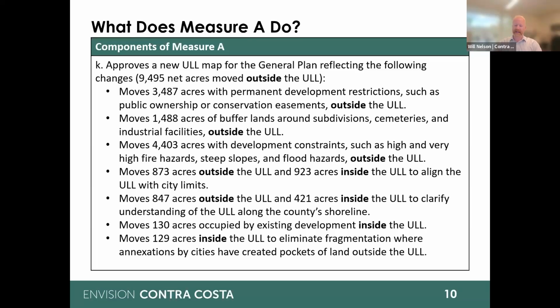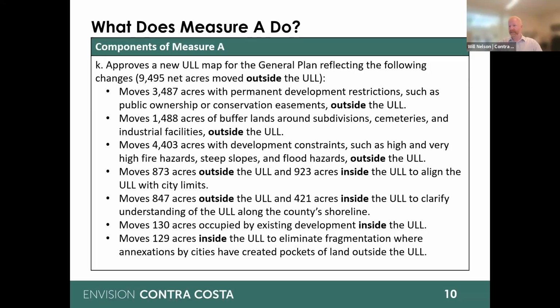So we moved some land in and some land out to align with city limits. We moved some in and some out to simplify the line along the county shoreline. The 2006 measure has the line going along every nook and cranny of the shoreline, and we simplified that. And then there is some existing development outside the line that we wanted to bring in.